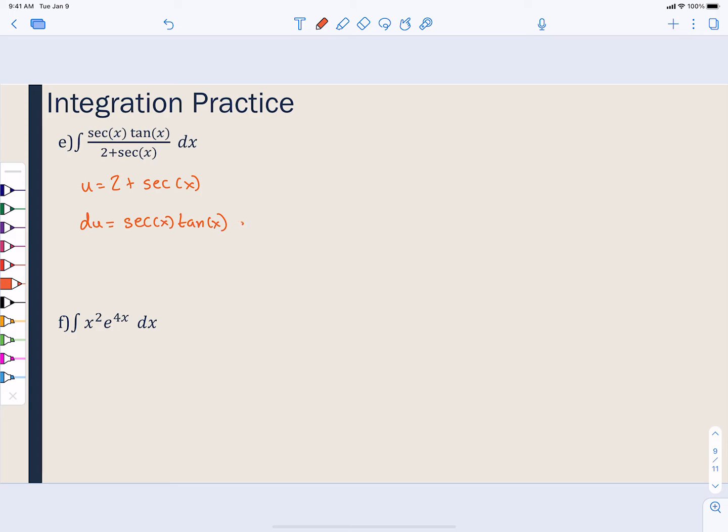And this is one of those cases where we can just substitute what's in the denominator of that rational type function, our 2 plus secant of x, and it's a really straightforward substitution. That should be a du. Here we go. And we get 1 over u du, which is the natural log of the absolute value of u, which is the natural log of the absolute value of 2 plus secant of x plus c.